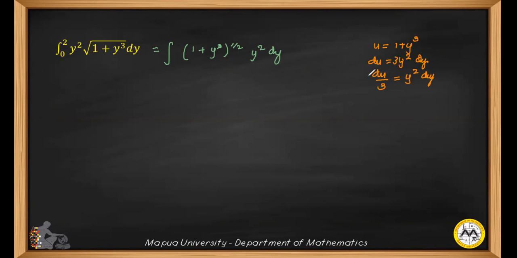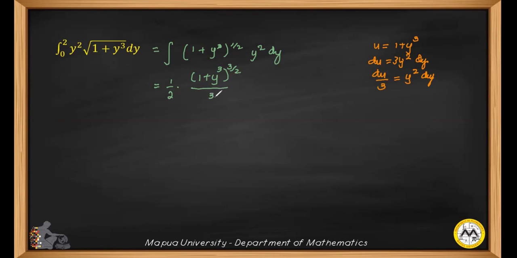We have correction factor 1 half. So evaluating the integral by power formula, we will have 1 plus y raised to the third power, u raised to n plus 1. We have n is equal to 1 half, so 1 half plus 1 is 3 over 2.